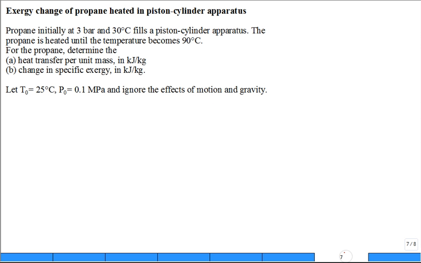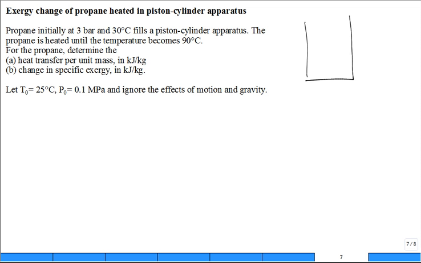Let's go back to this problem. So we're asked to calculate the change in exergy of propane as it's heated in a piston cylinder apparatus. The propane is initially at 3 bar and 30 degrees C, and it fills a piston cylinder apparatus. What does that look like?